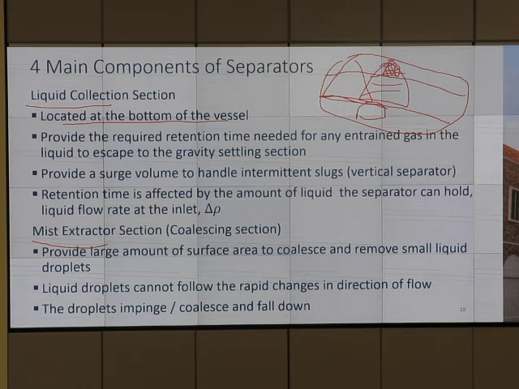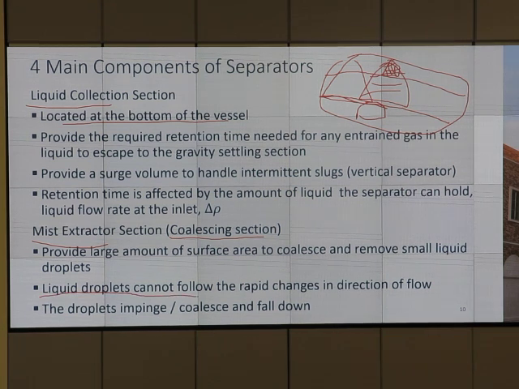Mist extractor section, or you may call it coalescing section, is used to coalesce any mist that hits the mist extractor. It provides a large amount of surface area for coalescence to occur. Once it's coalesced, it forms a bigger droplet, then it falls down. Say a 12 micron droplet hits the mist extractor. Many of them come, so it coalesces and then falls down to the liquid oil bucket or liquid collection section.